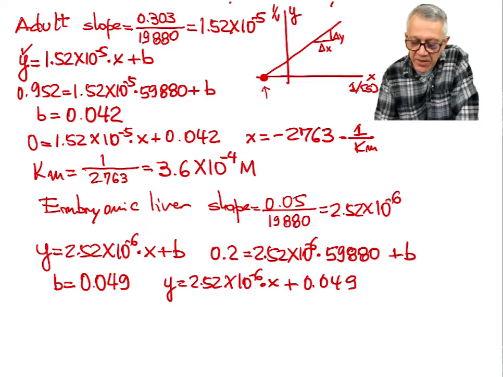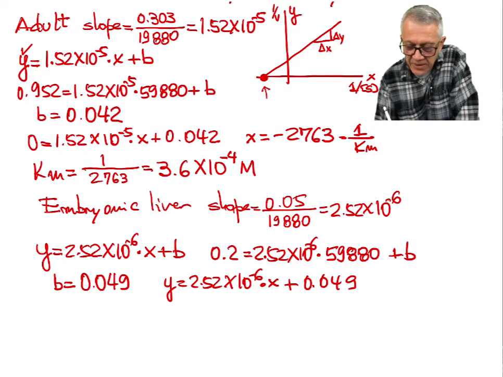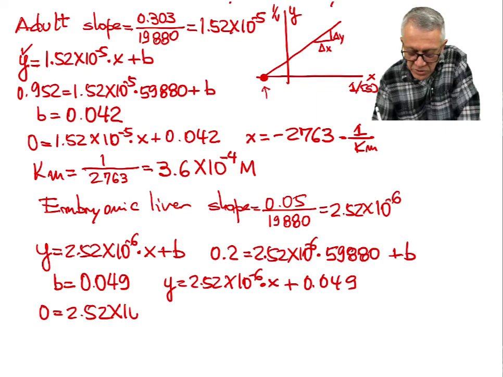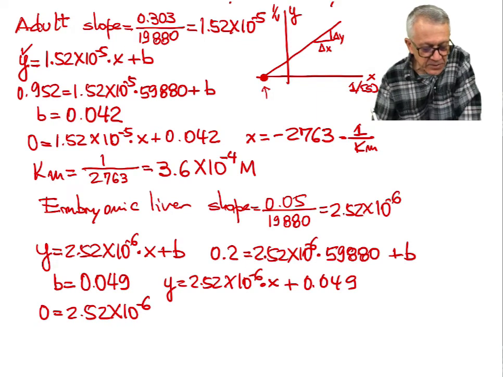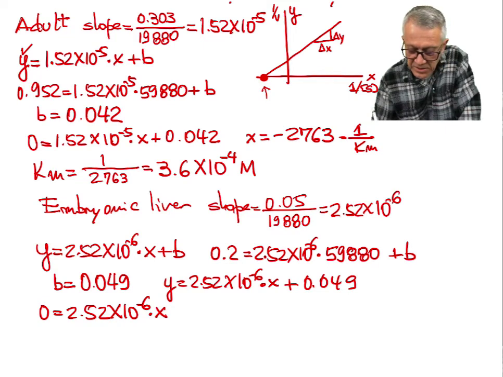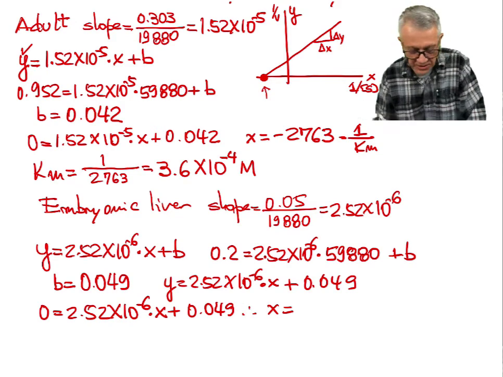We want again the place where y is going to be 0, and what's the crossing x? So 0 equals 2.52 times 10 to minus 6 times x plus 0.049. So what's x out of here?